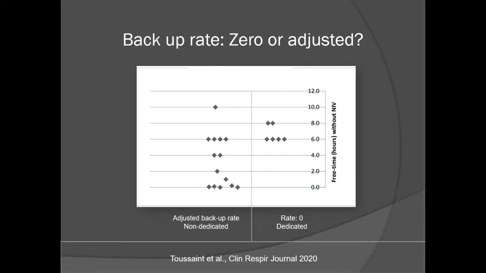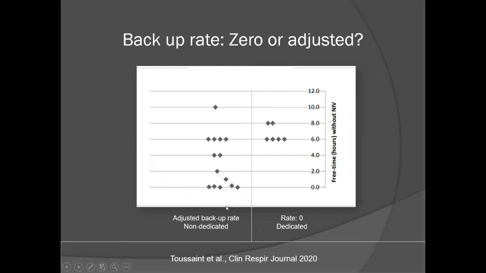Well, we tried that in 20 patients some years ago, and we could see that when the rate is at 0, no patient with a free time less than 6 hours could use this rate at 0 because they said that it was too much effort for them to always make this movement of flow interruption trigger.